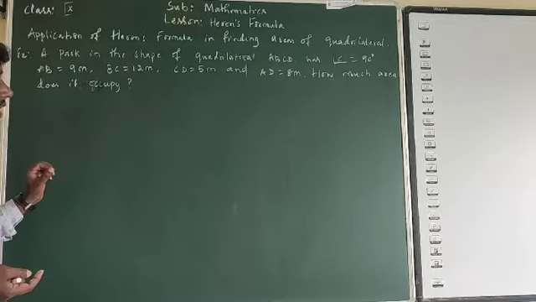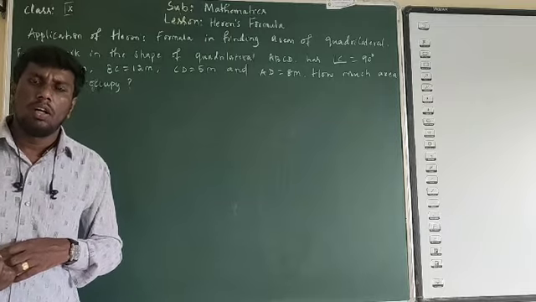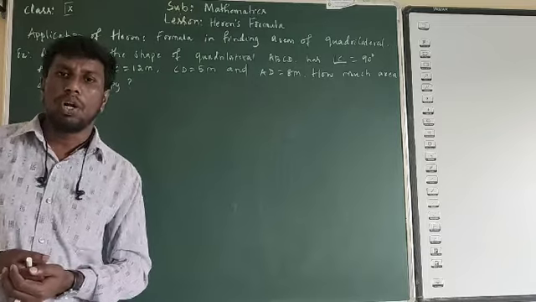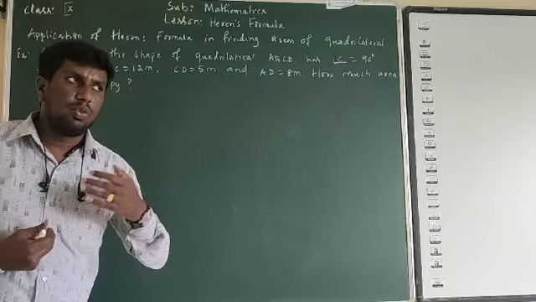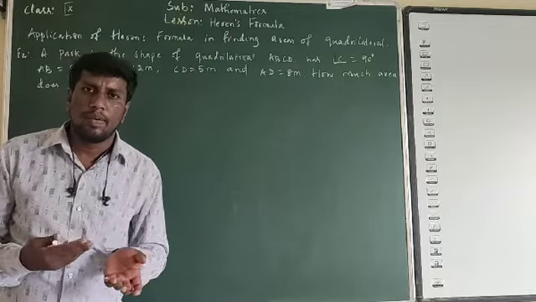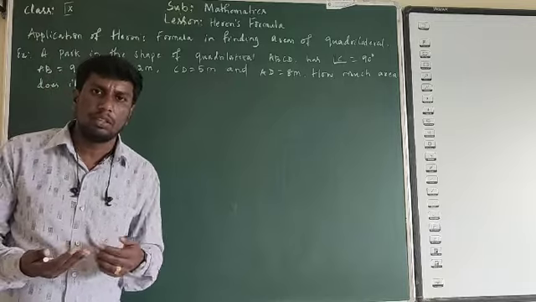In today's session, we will discuss the application of Heron's formula in finding the area of a quadrilateral. Before that, suppose we have a quadrilateral, it may be a rhombus, a square, or a rectangle, right?